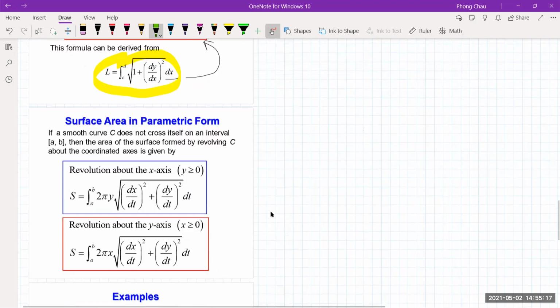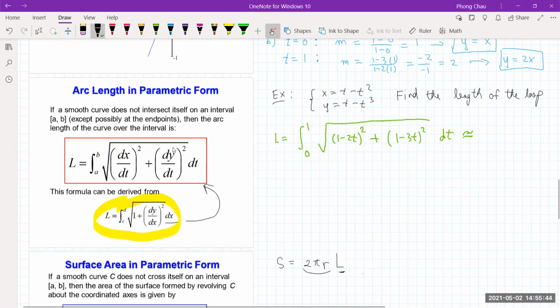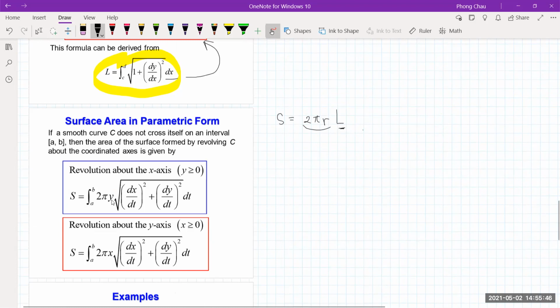The surface area in general is 2 pi radius times the arc length. Okay, so we have 2 pi radius times the length. The length in this case now is this integral, right? So now all you do is involve 2 pi, just add 2 pi, the radius.